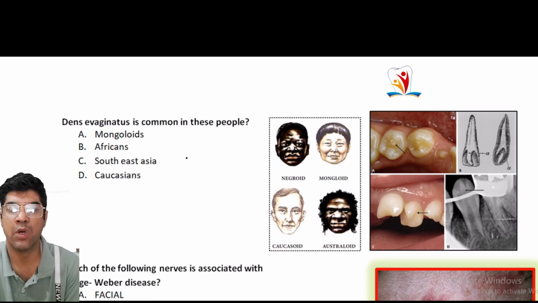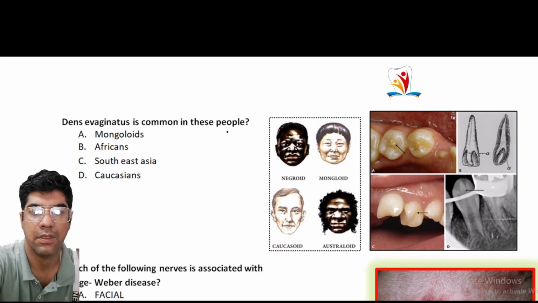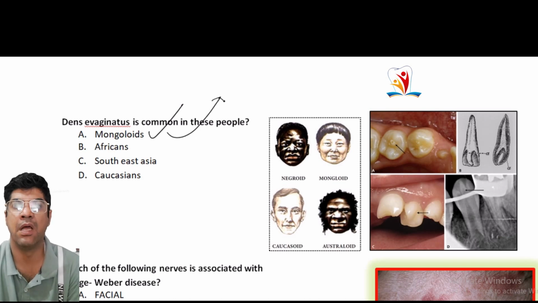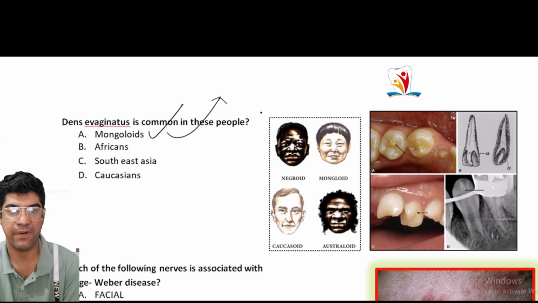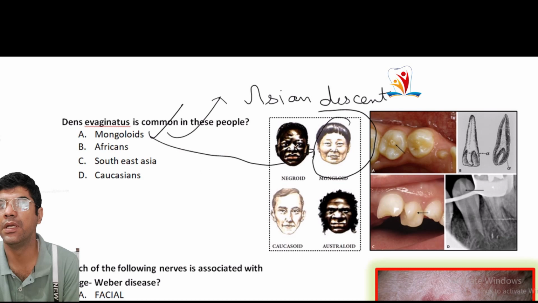It is most common in Mongoloids and Southeast Asian populations. The dens evaginatus is commonly found in the Mongoloids, which include people of Asian descent. So the answer would be yes, Mongoloids.